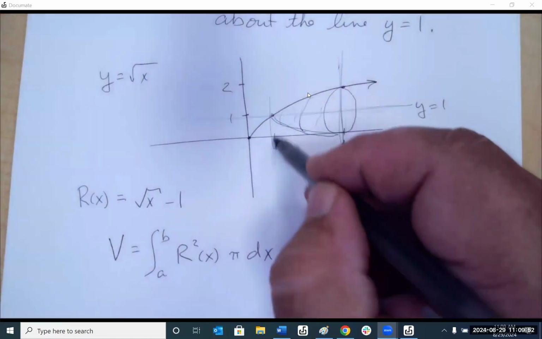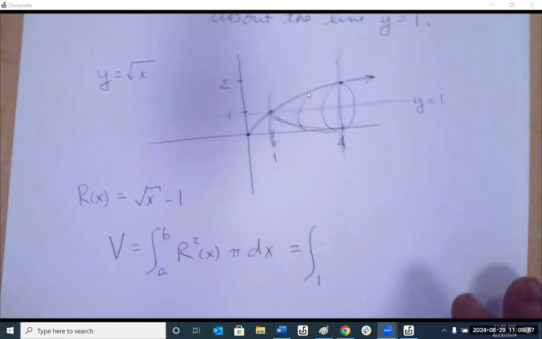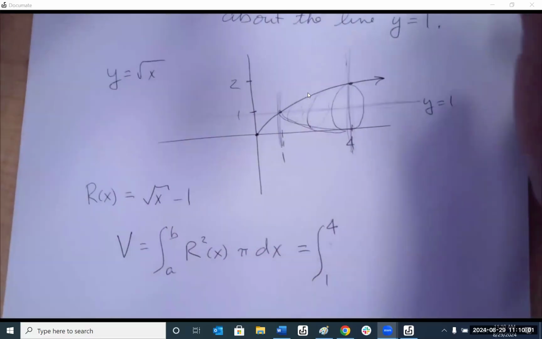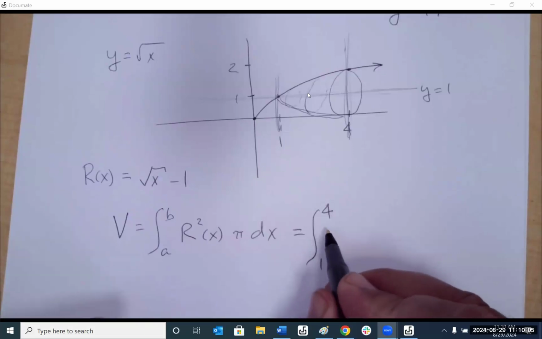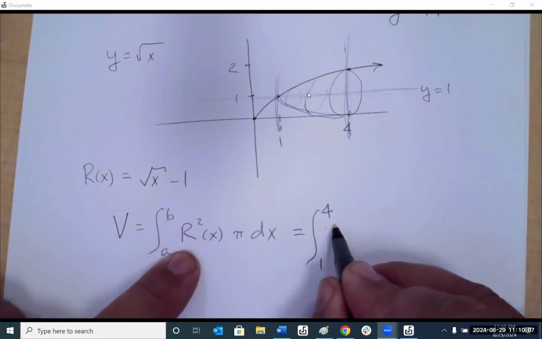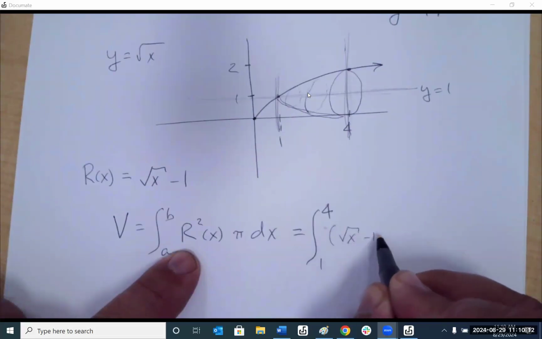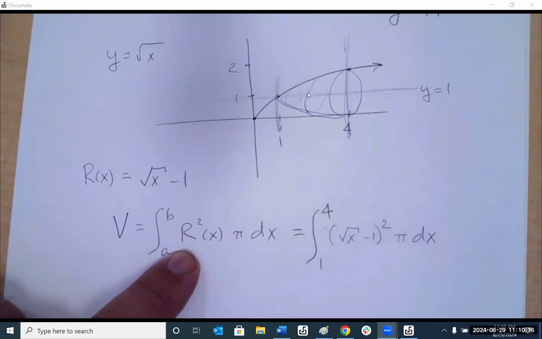Yeah, they're going from 1 to 4. Our formula R is square root of x minus 1 squared times pi dx.